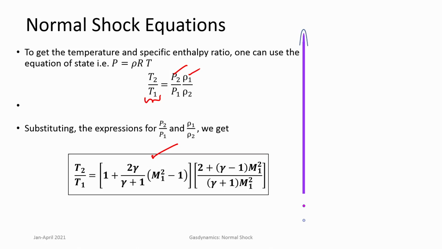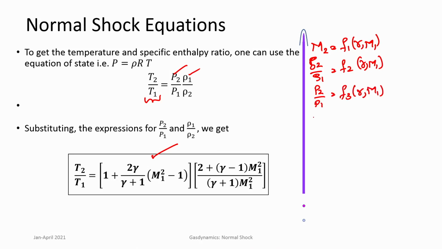Now you again observe that T2 by T1 is only a function of gamma and Mach number. Then rho 2 by rho 1, the density ratio, is a function of only gamma and Mach number, and the pressure ratio is a function of only gamma and Mach number.